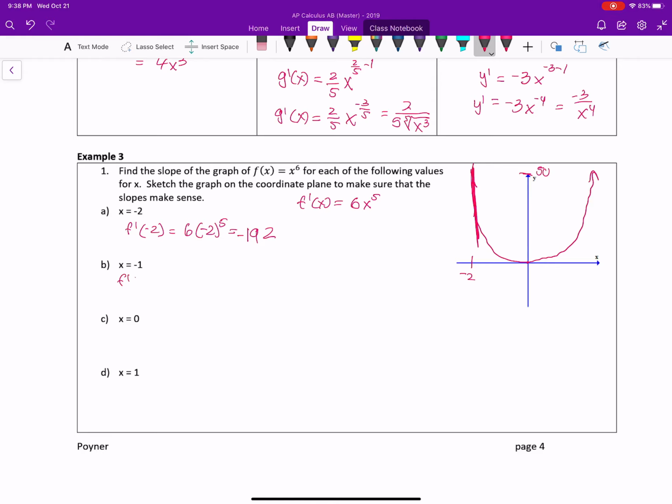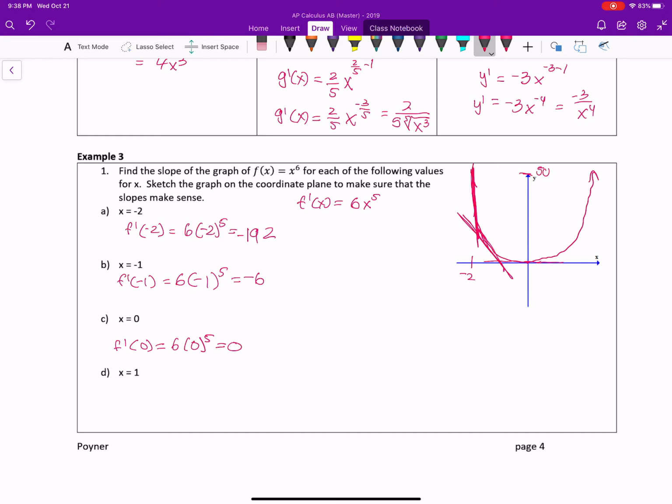F prime at negative 1 is equal to 6 times negative 1 to the 5th power. It's negative 6. So a little less steep at negative 1, but still negative, so it makes sense. F prime at 0 is 6 times 0 to the 5th power, which is 0.